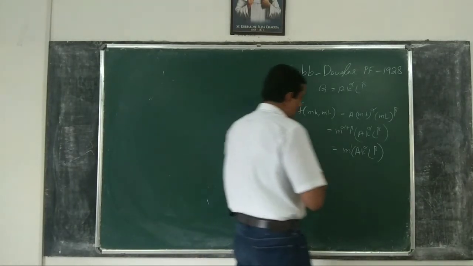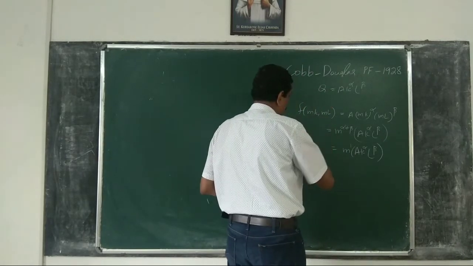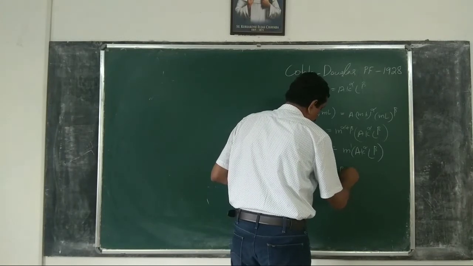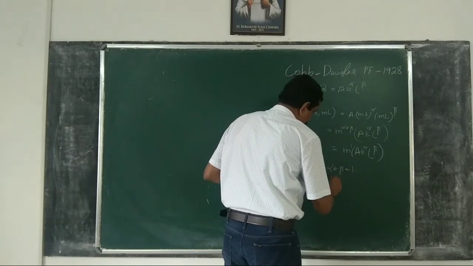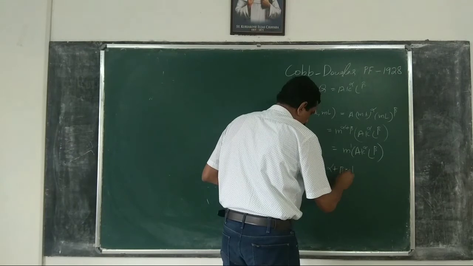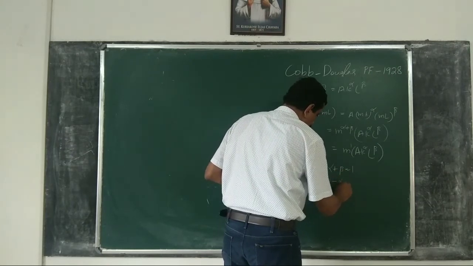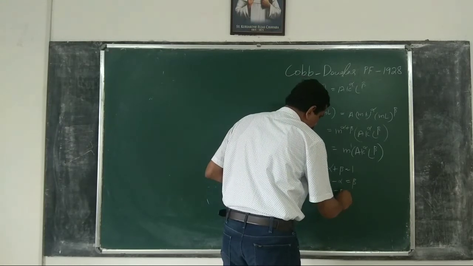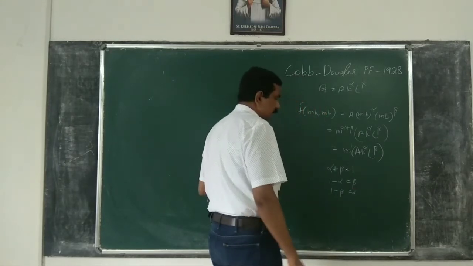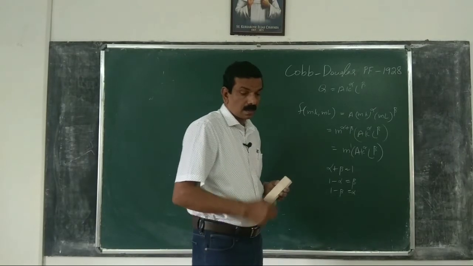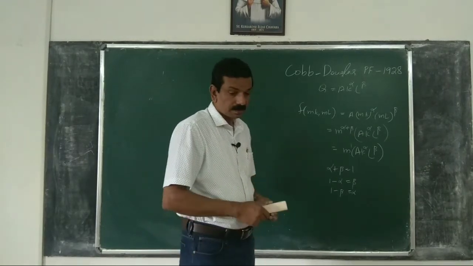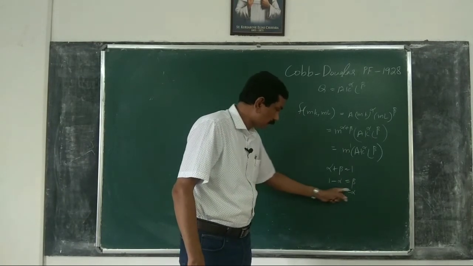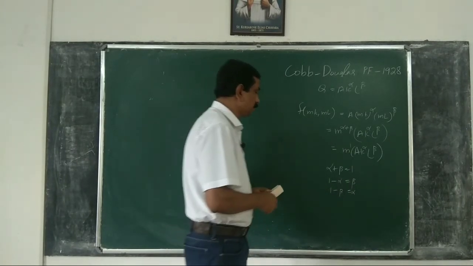And when alpha plus beta is equal to 1, then we can write 1 minus alpha is equal to beta, or 1 minus beta is equal to alpha. We can write alpha plus beta is equal to 1 means beta is equal to 1 minus alpha, or alpha is equal to 1 minus beta.